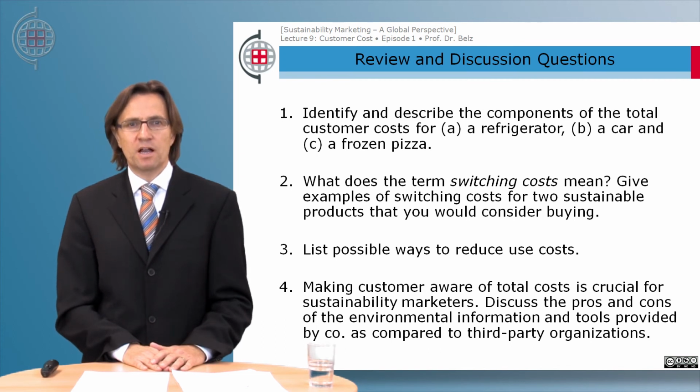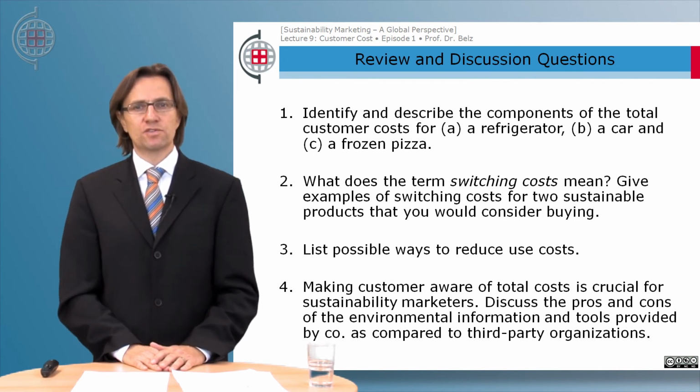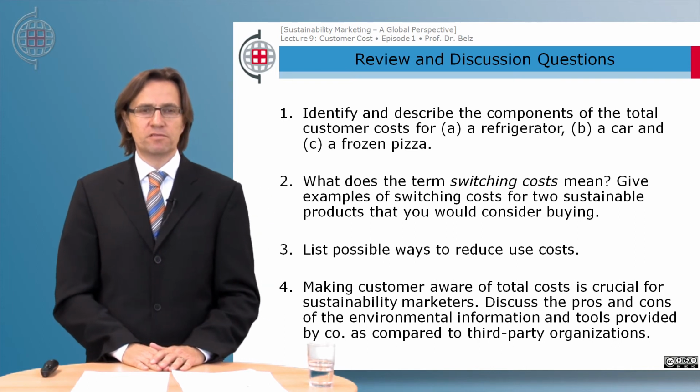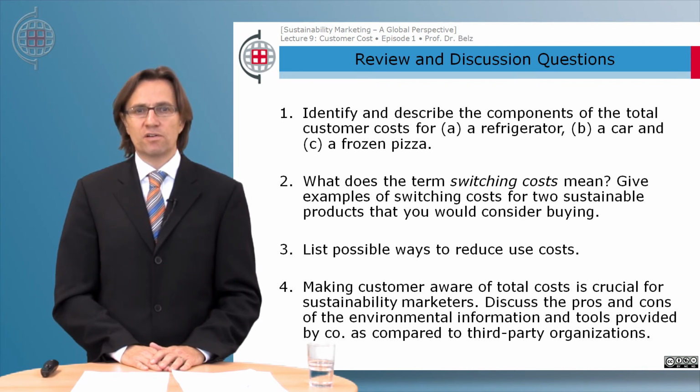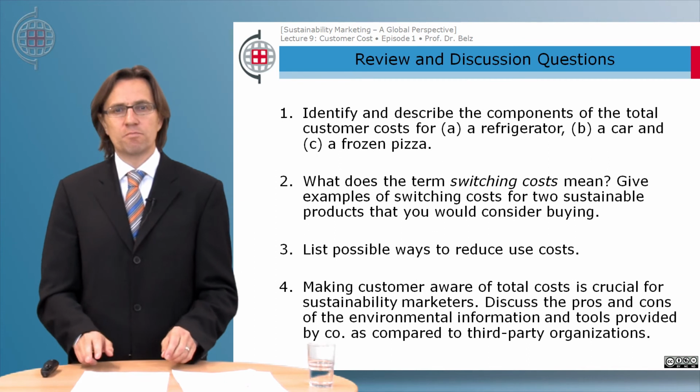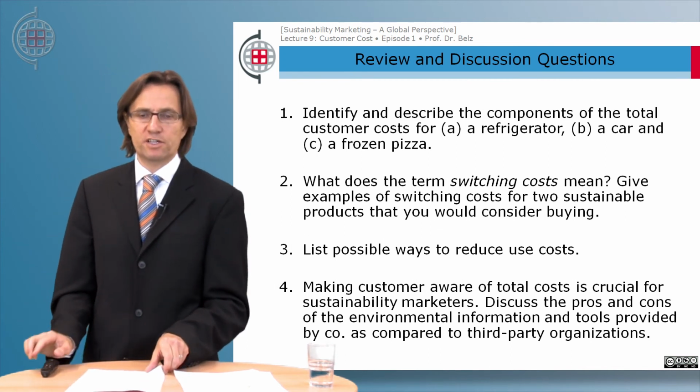Third, list possible ways to reduce use costs. And fourth, making customers aware of total costs is crucial for sustainability marketers. Discuss the pros and cons of the environmental information and tools provided by companies as compared to third-party organizations.